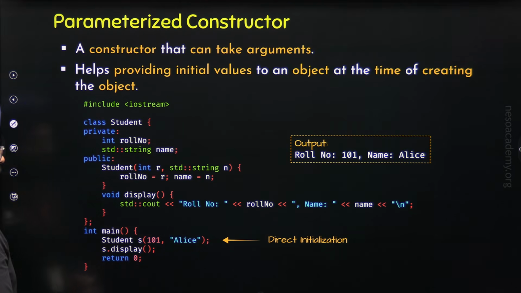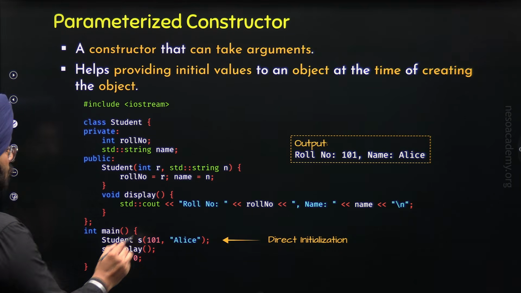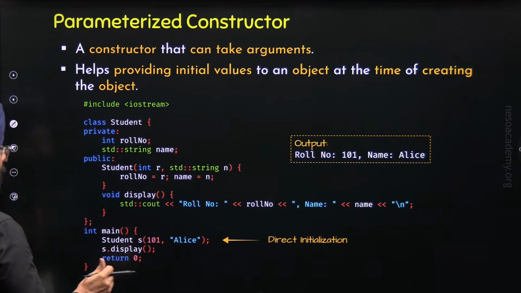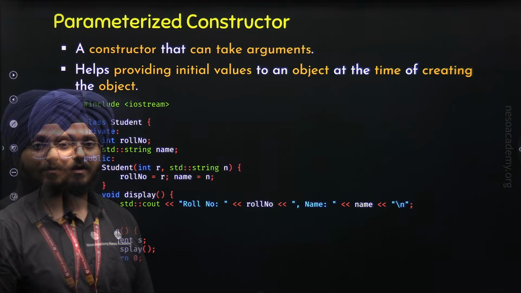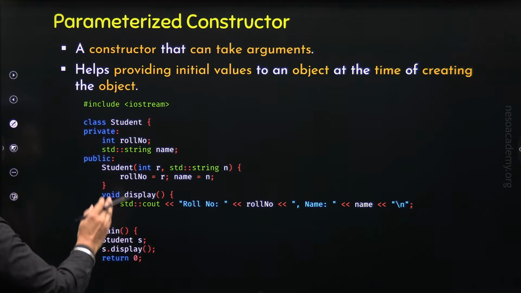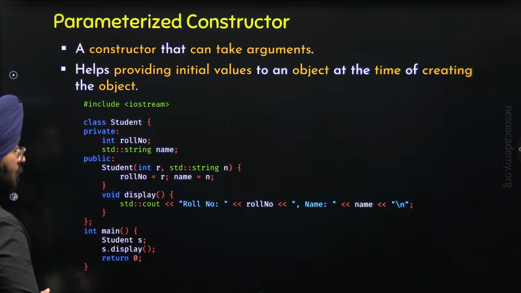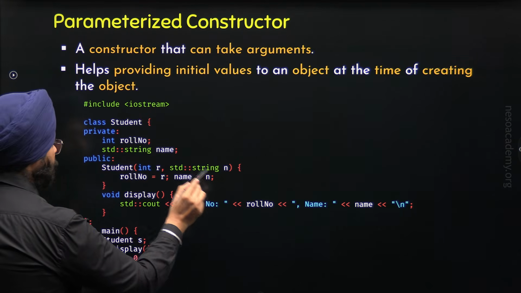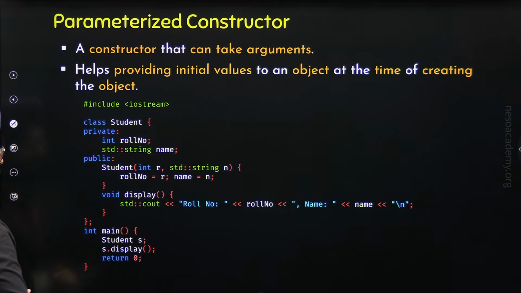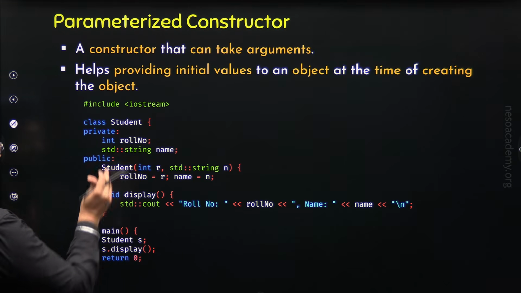Now what happens when we do not initialize this object? That is, we do not provide these values and we simply create this object like this. If we create this object without initializing it, then the default constructor must execute. At this moment, the parameterized constructor will not execute because we need to pass values to these parameters in order to call this constructor.